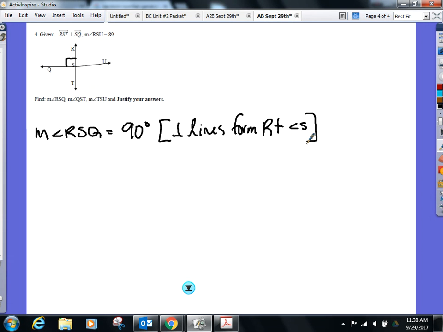So now it's kind of like an algebra proof. What you write down, justify it with a theorem or postulate. Let's keep going. What's the measure of QST? That is also 90. How do we know? Because perpendicular lines form right angles.